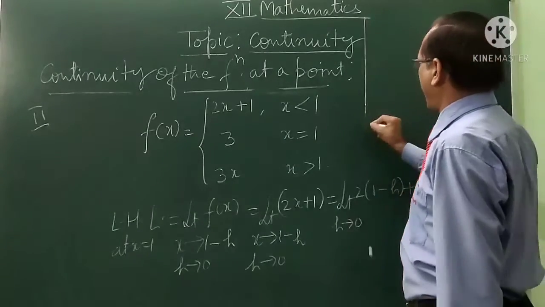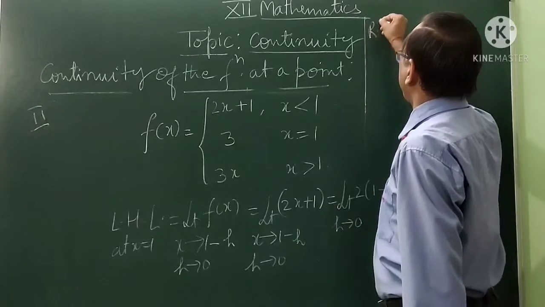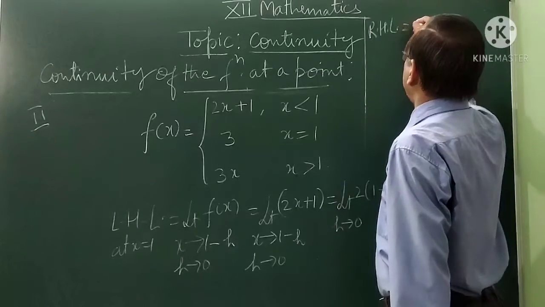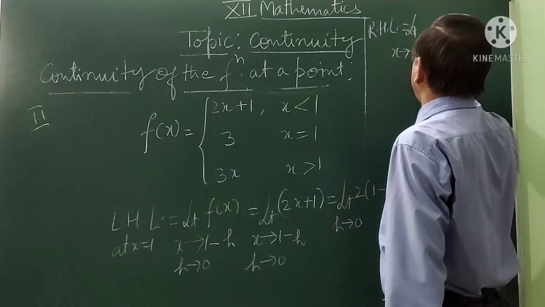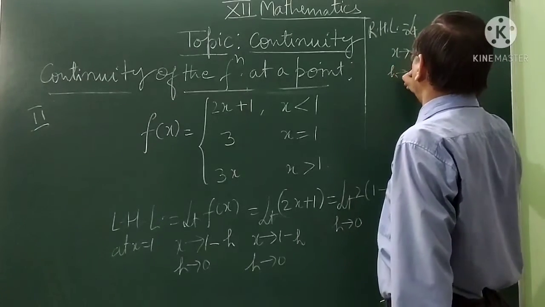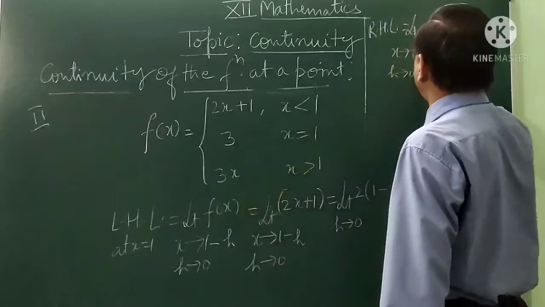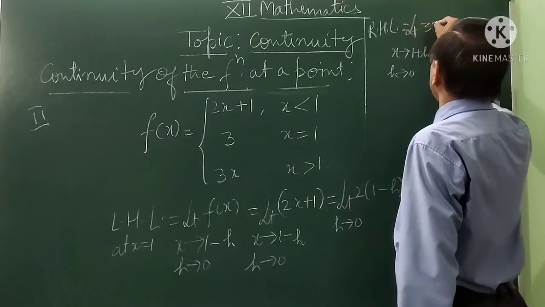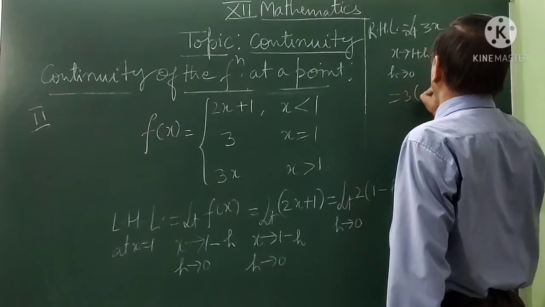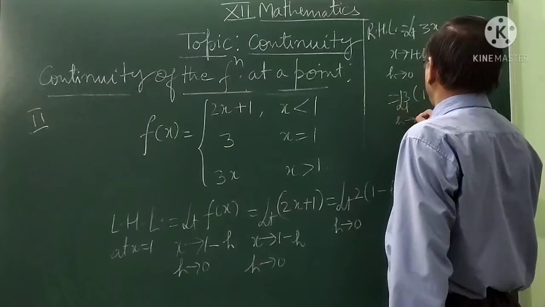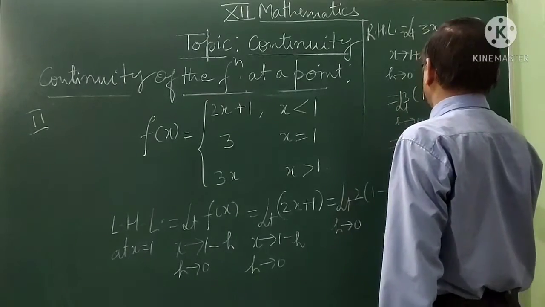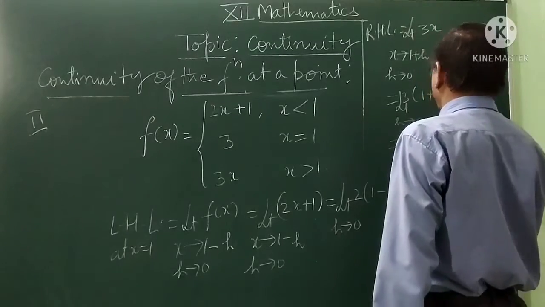Now we will find the right hand limit. It is limit x tends to 1 plus h, h tends to 0. The function is 3x, so it is 3 into 1 plus 0, which is 3.